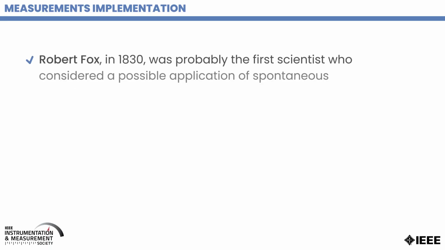Just a little bit of history of where electrical resistance tomography comes from. Initially, probably the first scientist who considered performing a kind of resistivity measurement of an object, in this case the Earth, the ground, was Robert Fox.